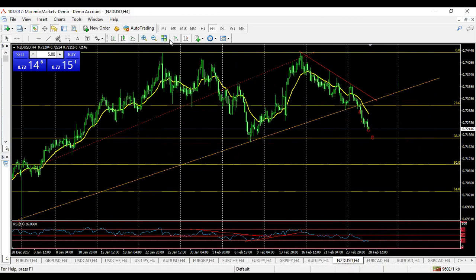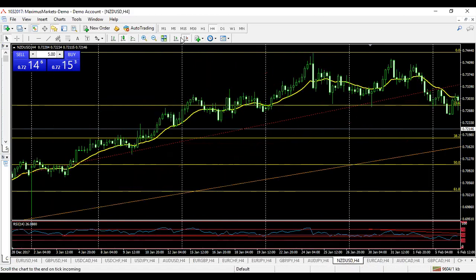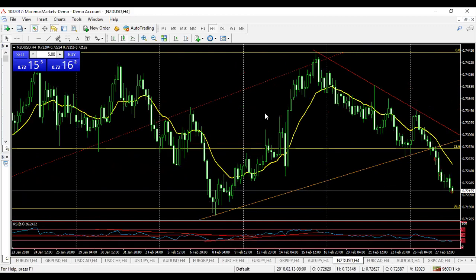Look at this example in this New Zealand dollar. I connected my trend line. When you connect a trend line this way, you are not waiting for a downward trend. You are waiting for a bounce or a breakout to the upward side.